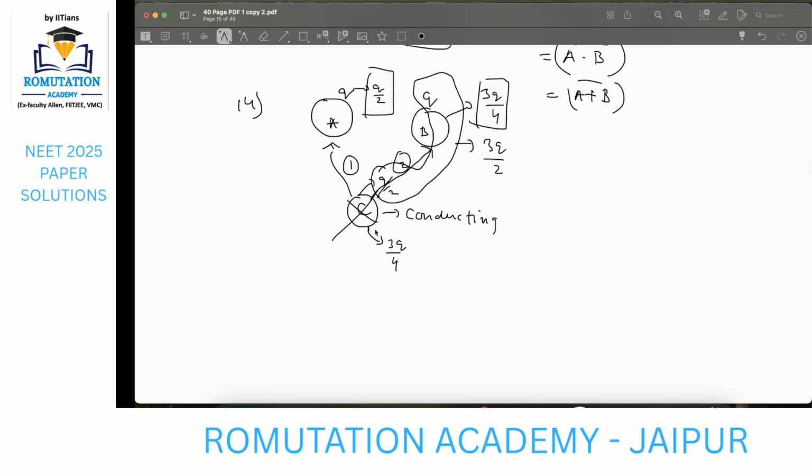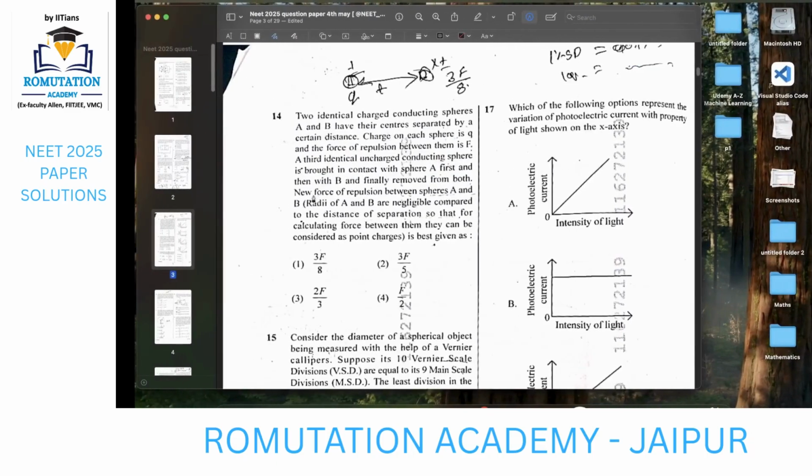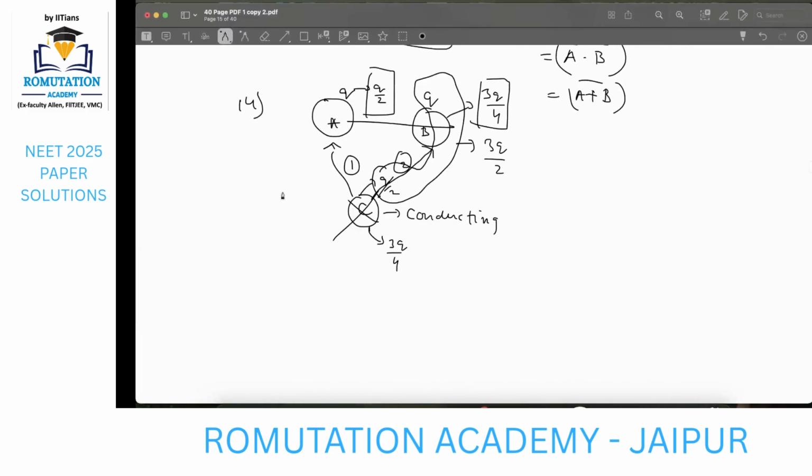Once you have taken this conducting sphere away, the charges left are q by 2 and 3q by 4. The distance I'm assuming to be the same, because they want you to express the new force in comparison to the old force.